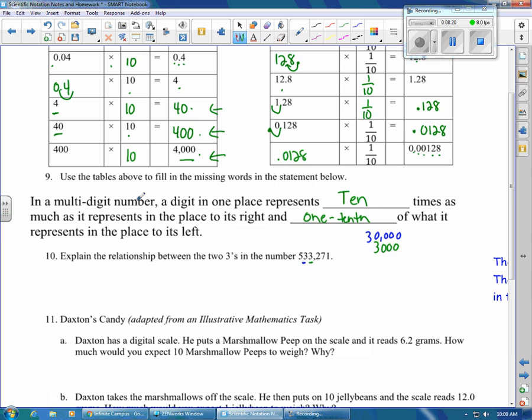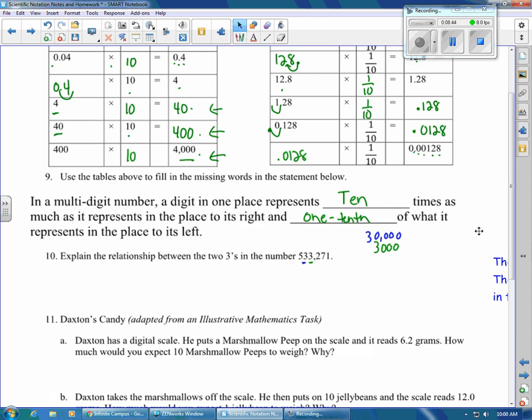So if a digit in one place represents 10 times as much as the place to its right, this digit right here in the 10,000s place is 10 times more than this digit in the thousands place. Similarly, this digit in the thousands place is 1/10 of this digit in the 10,000s place.